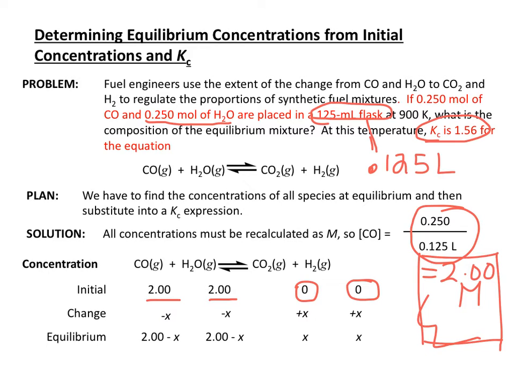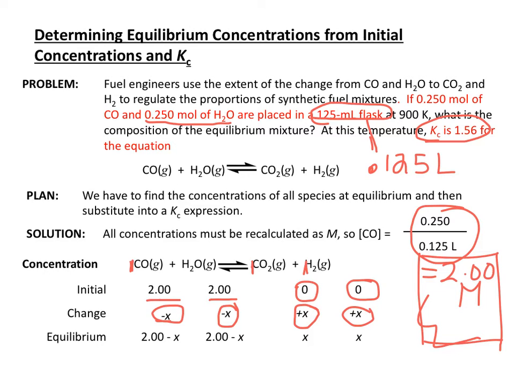As this system begins to reach towards equilibrium, it changes by minus x, and that's a 1, so this is a minus 1x, or minus x. Likewise, this is a minus 1 H2O, so this is minus x. As these reactants are converting to products, the products grow in at plus 1x, because this is also 1.